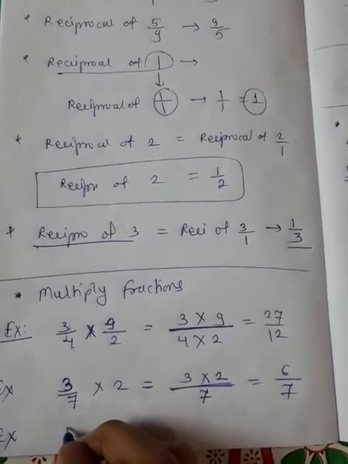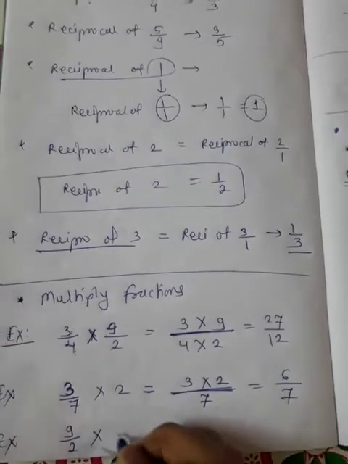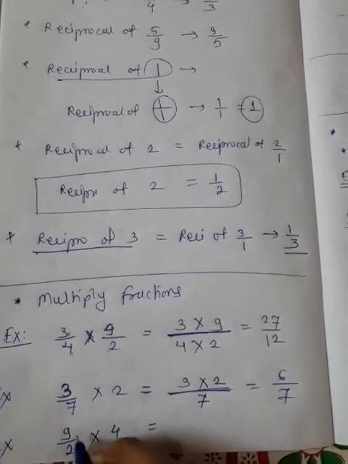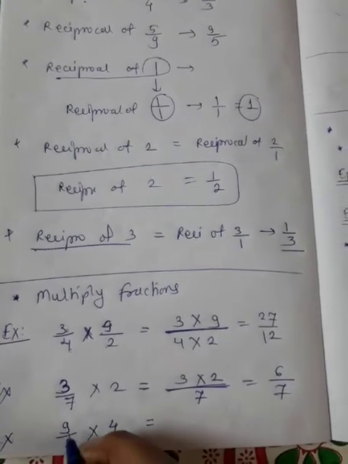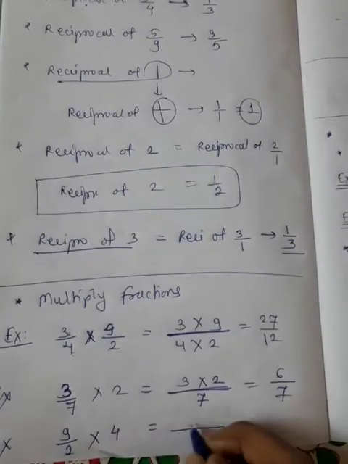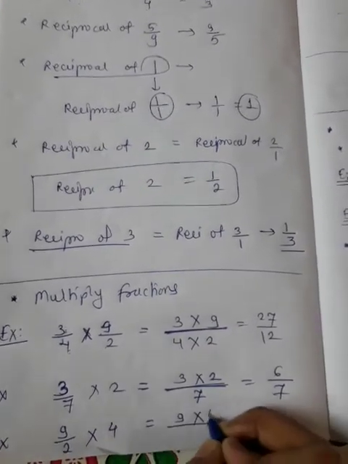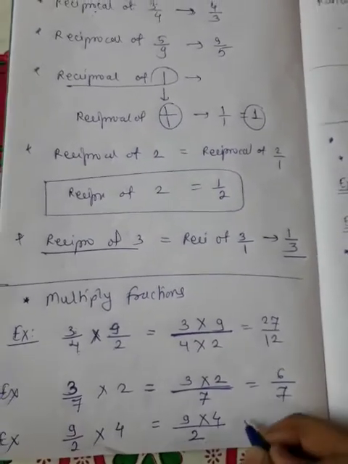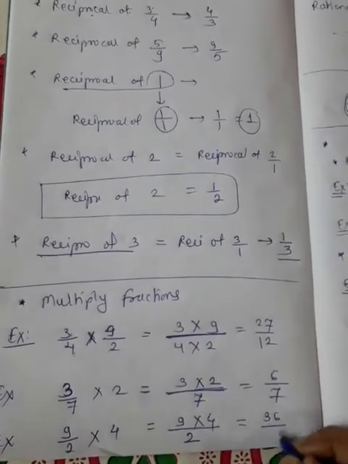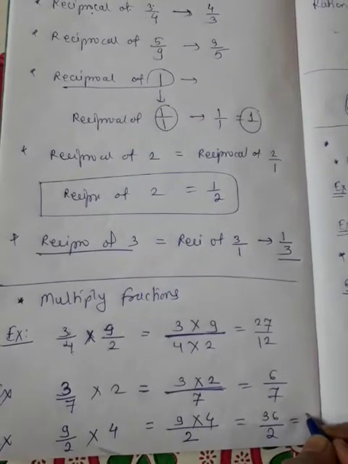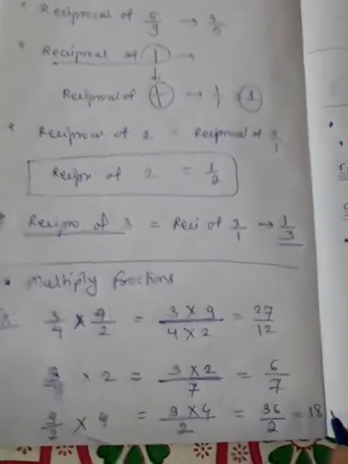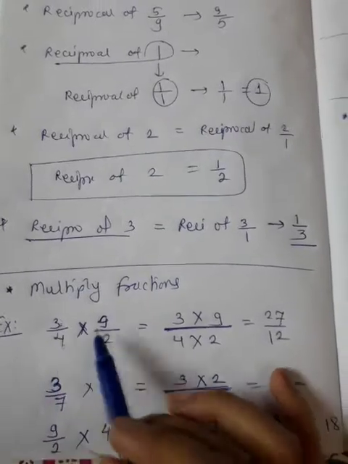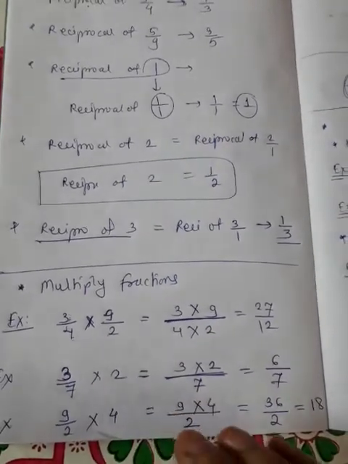Again I will take one example of this type. When we multiply a fraction by a number, first multiply the numerator of the fraction by this number and in the denominator write the denominator of the fraction, that is 2, and we get 36 by 2. 36 by 2 is nothing but 18. So like this you can multiply a fraction by a fraction and a fraction by a whole number.